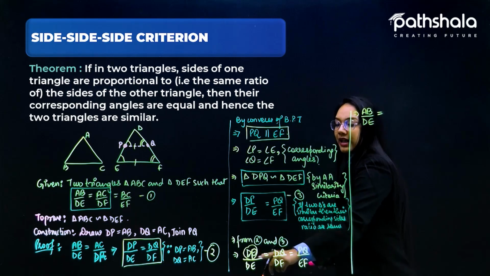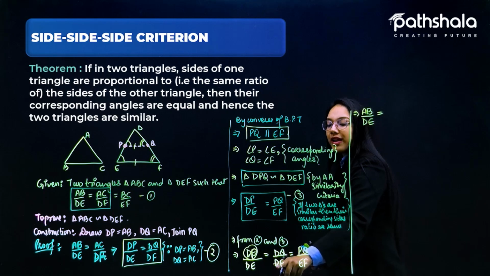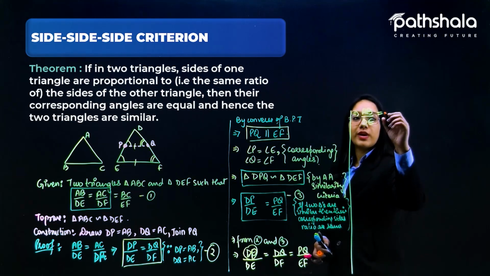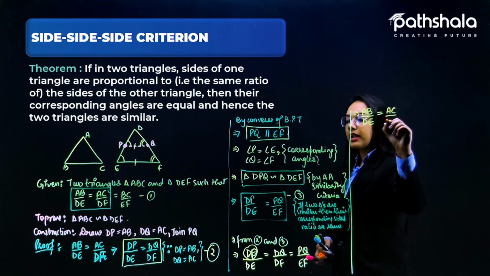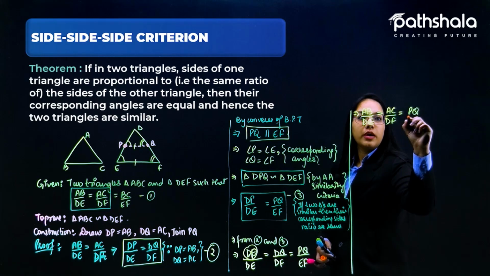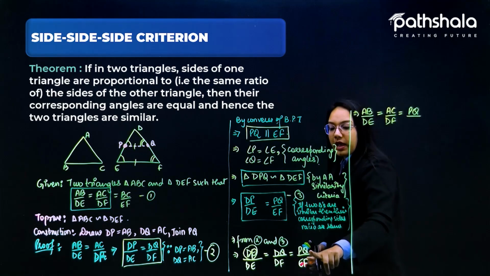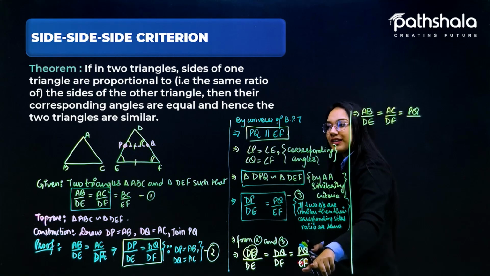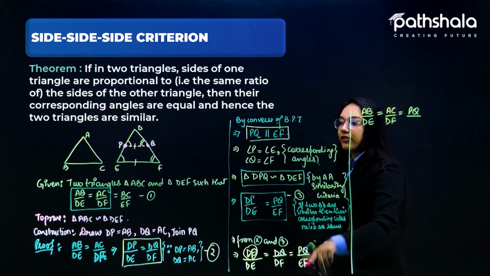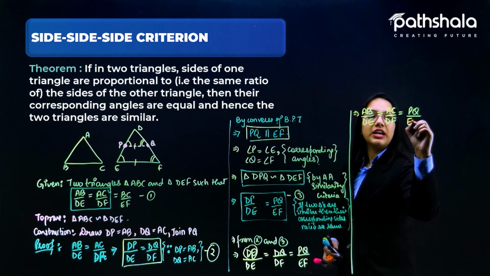So AB by DE is equal to DQ by DF. In place of DQ we can write AC, so AC by DF, which is equal to PQ by EF.